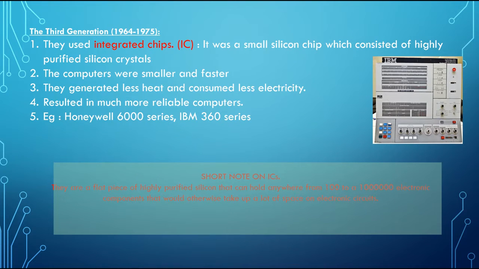Now these are integrated chips, that is the third generation, which went on from 1964 till 1975. The basic idea was to make your whole electronic circuit a whole lot smaller.